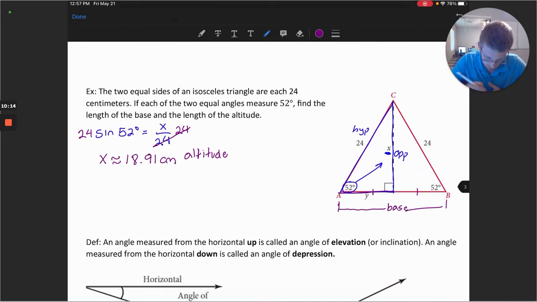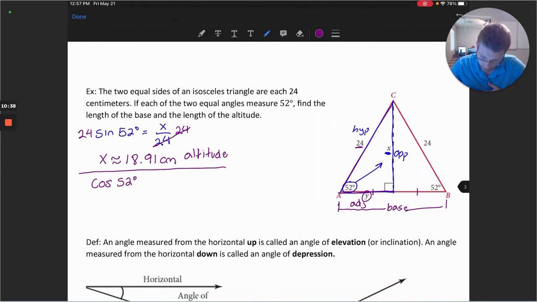So again, if I wanted to solve for y, I know the angle of 52. The y side would be my adjacent side, and I already know my hypotenuse still. So that would lead me to choosing the cosine function. So I'd want the cosine of 52 degrees.